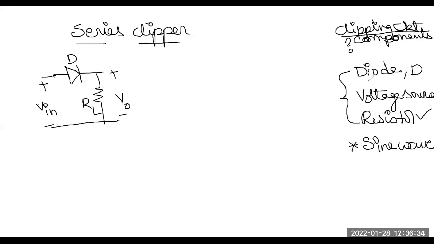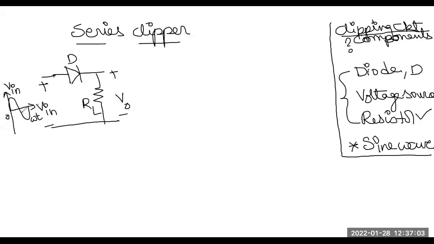Now with this input, let us analyze this circuit. Let us say this is the input waveform applied to the circuit, with the y-axis showing its amplitude and the x-axis the angular time period omega t.